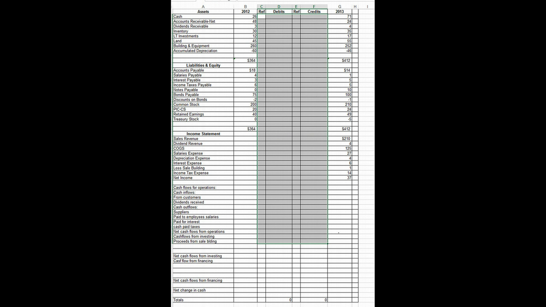To go ahead and move us along, make this a little quicker, notice I've entered all of the balance sheet data for 2012. And I've entered all the balance sheet data for 2013. Notice that the current assets and the assets and liabilities agree for 2012 and for 2013.